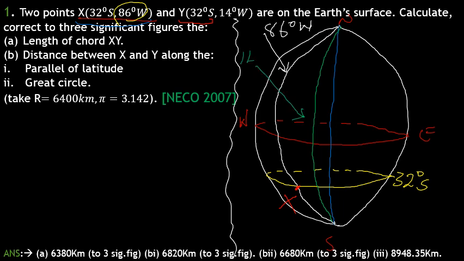So the point of intersection, again, that's here, is our Y.